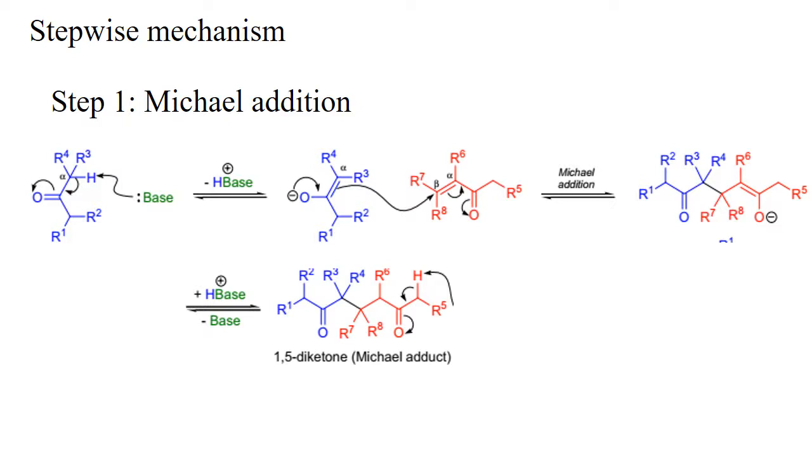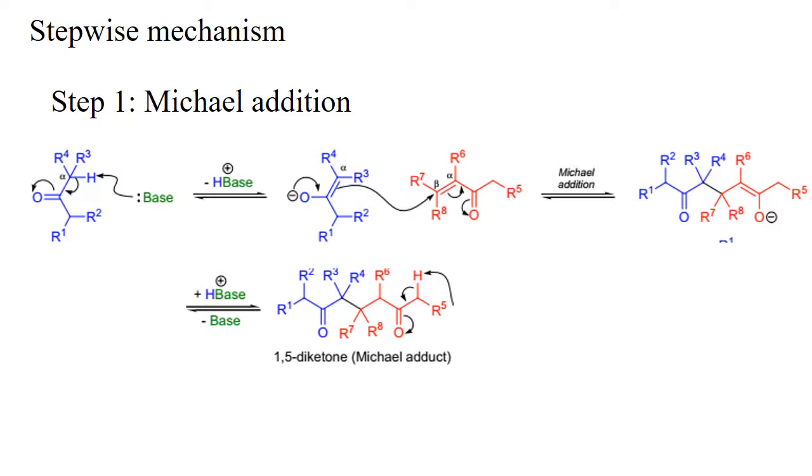This enolate, which is obtained from ketone, acts as a Michael donor, or we can say enolate ion acts as a nucleophile. It adds to the beta carbon of alpha beta unsaturated ketone. This red colored compound is alpha beta unsaturated ketone.